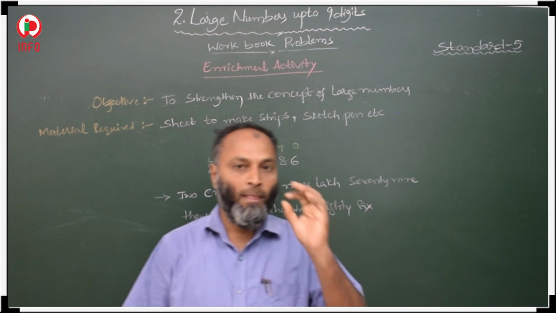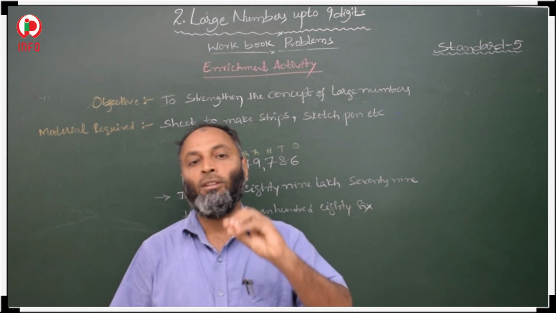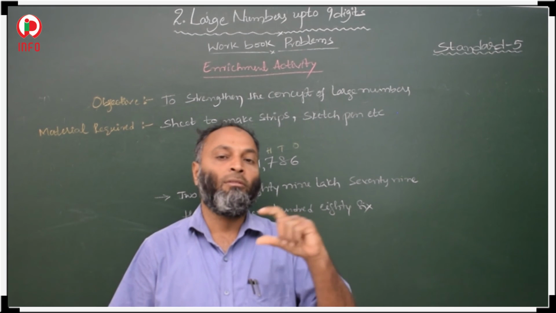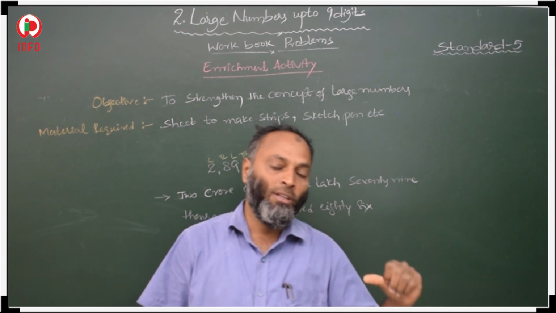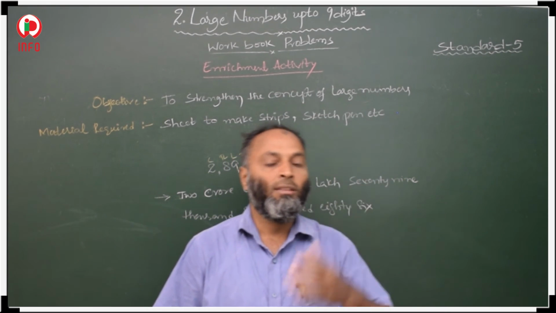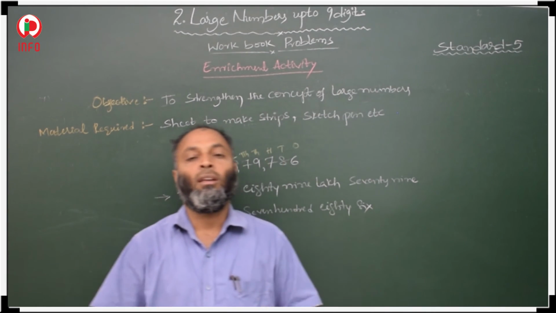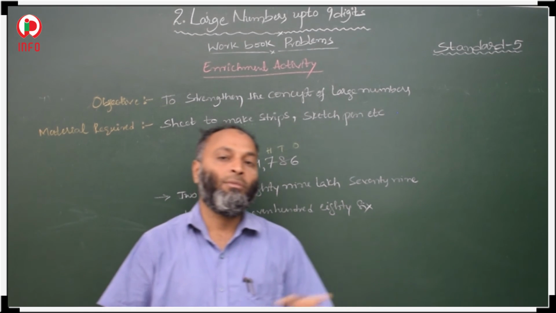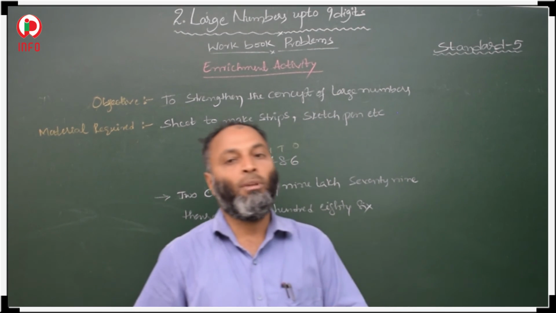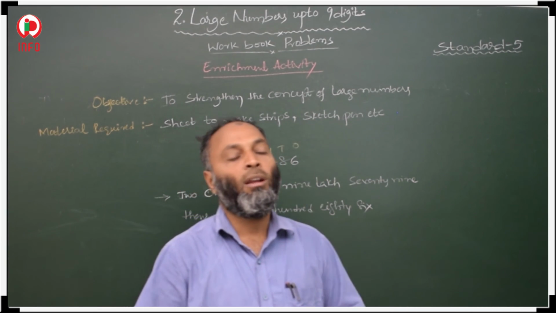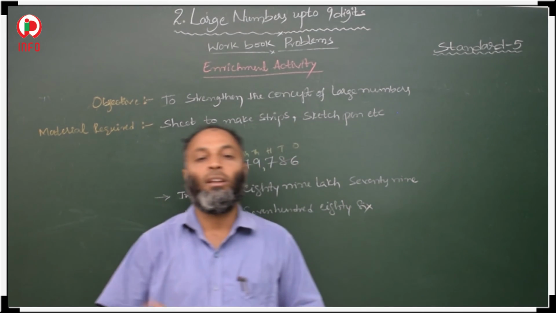All of you should prepare some numerals and some numbers in words. Some of the students in the class write a number on a strip, and some students write a number name on a strip, and all keep both types of strips in the ball. One after another take out the strips.